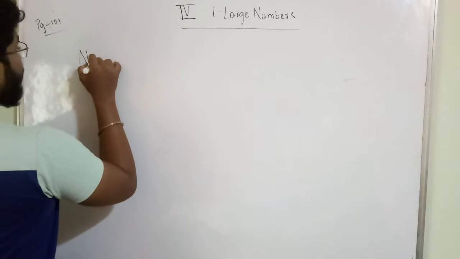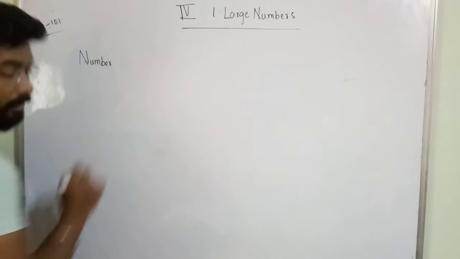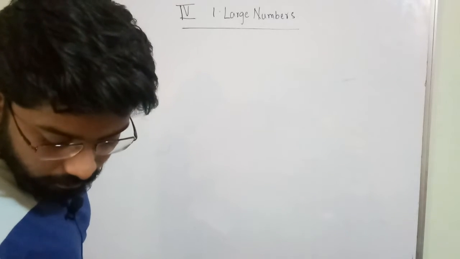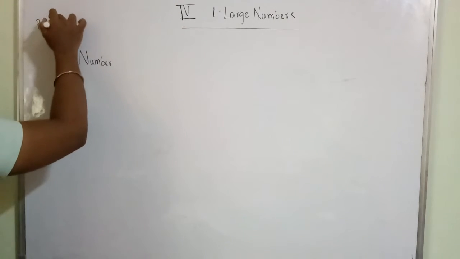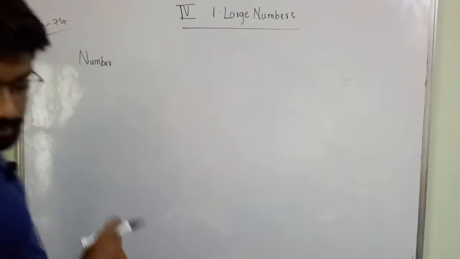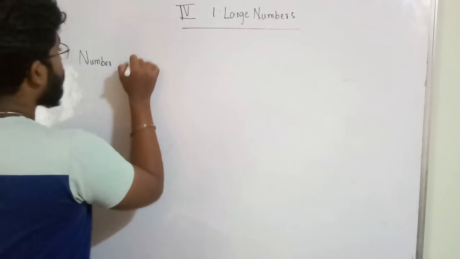I said to try the last 2 examples in that table, okay? In Indian place value chart, page number 74. I don't know whether you have tried or not.